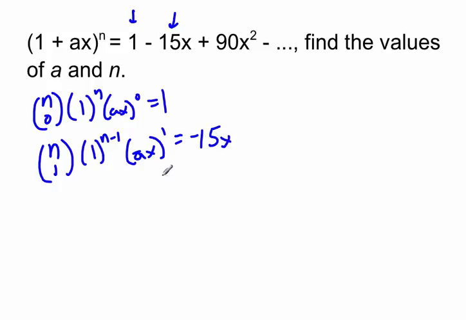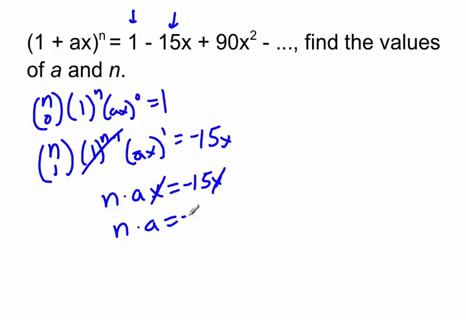So now we can start making some equations. Simplify this. This is just 1, and n choose 1 is just n. So we have n times ax equals negative 15x, which means that n times a equals negative 15. So we have some information now. Maybe we can make another equation and start solving.